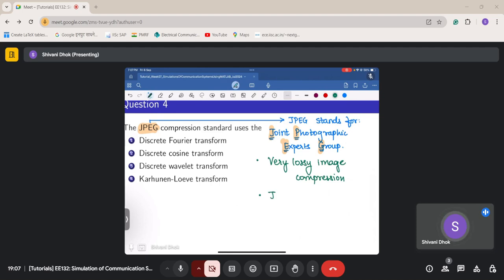I'm giving this just as a piece of information. JPEG uses discrete cosine transform as its transformation technique.